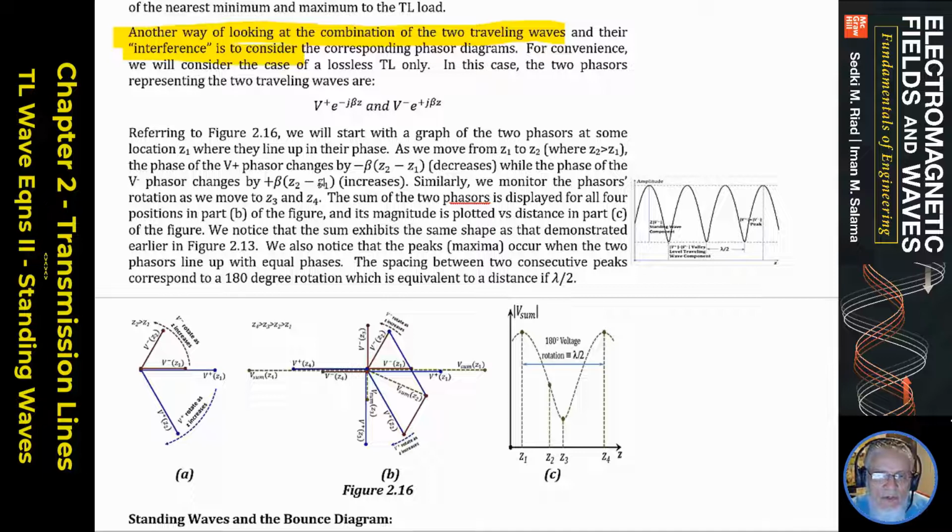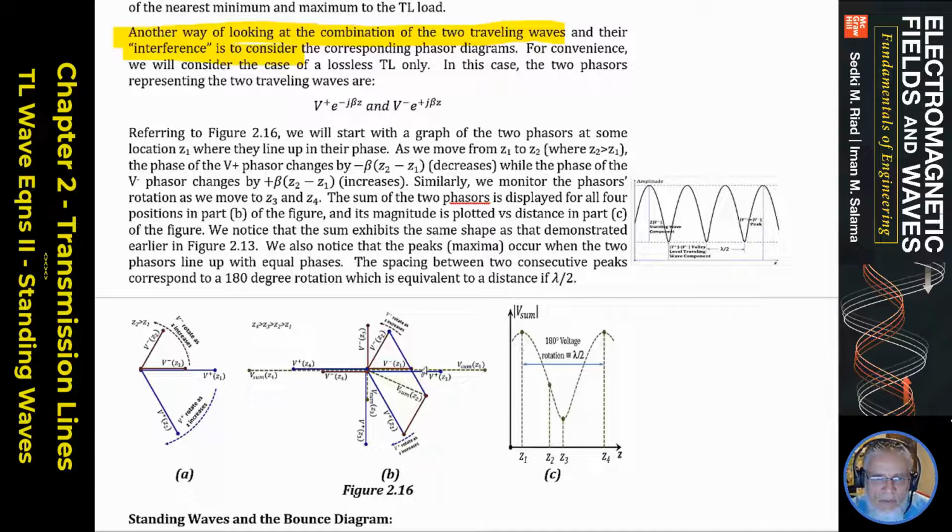So if I look at the sum of the two phasors, when they were along each other, the sum would be basically the sum of the magnitudes. When they are opposite each other, it will be the difference, and then when they go at this location here, they will be like that. So if you look at the diagram here, you will see that Z1 is where they both are along each other.